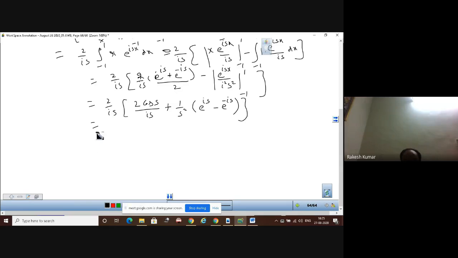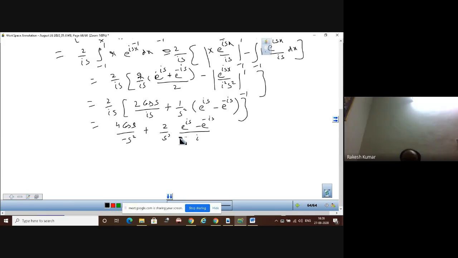Now this term can be taken inside. That will be 4 cos s over minus s square, plus 2 upon s cube, and we require e raised to power iota s minus e raised to power minus iota s over iota. This iota will be written over here.